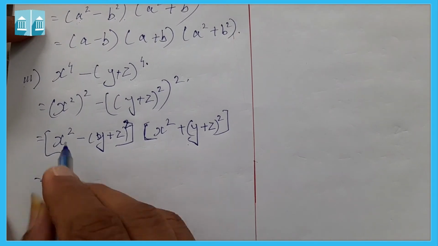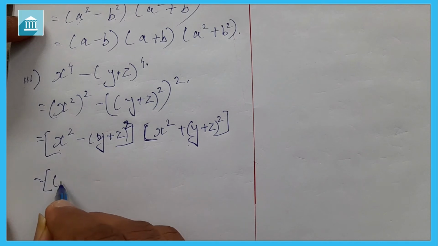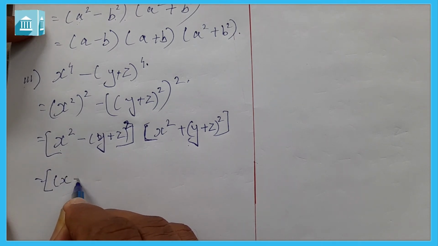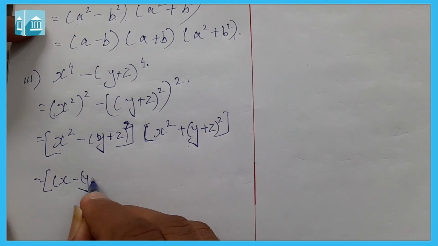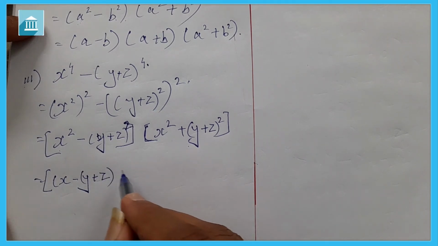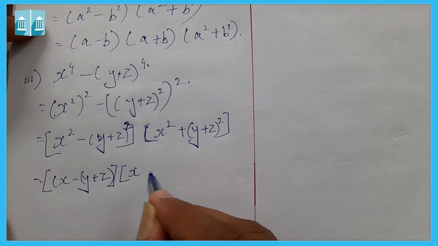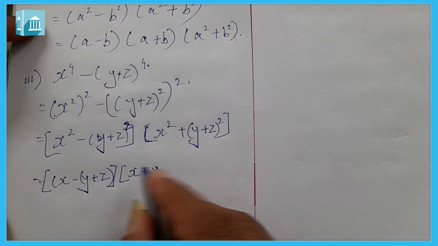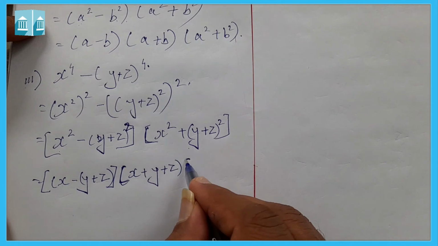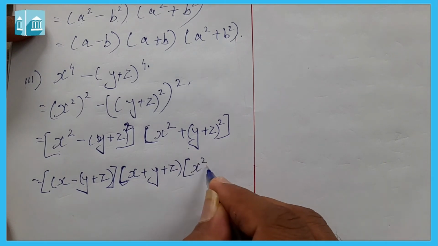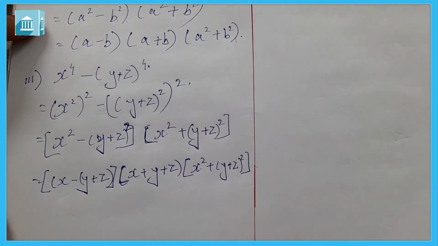So now again here this can be a square minus b square, so this can be written as (x minus (y plus z)) into (x plus (y plus z)) into this whole expression, that is (x square plus (y plus z) whole square), bracket close.